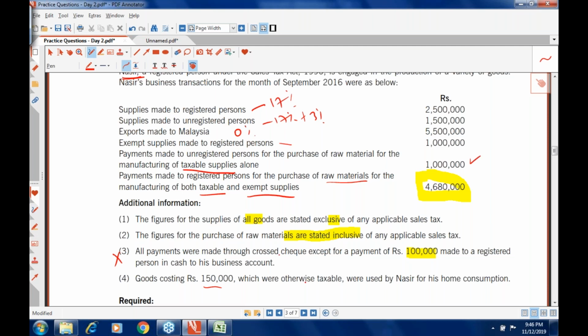Goods costing 150 which were otherwise taxable were used by Nasir for his home consumption. Goods which are used for home consumption, which are taxable, are also going to be considered as supply. The reason is that if you put something to your own personal use, that is also considered a supply. So this will also be treated as a supply.